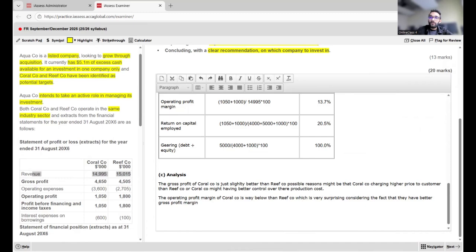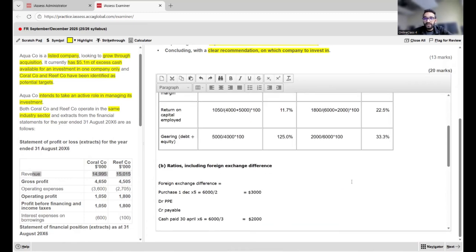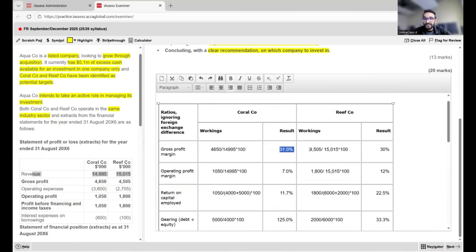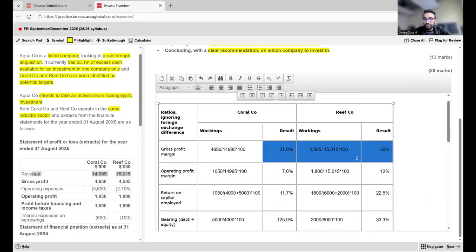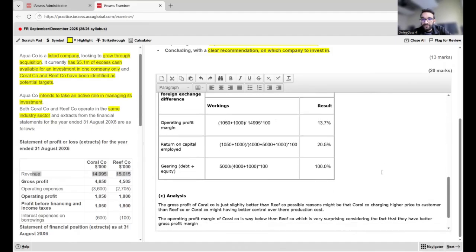I mean, it is very obvious. If you are a company and your gross profit is better than another company, it is a normal assumption that your operating profit margin is also going to be better. But see, it is surprising. The situation has been changed. It is not something which we have assumed. Their operating profit is way below. I mean, it is 5% below.